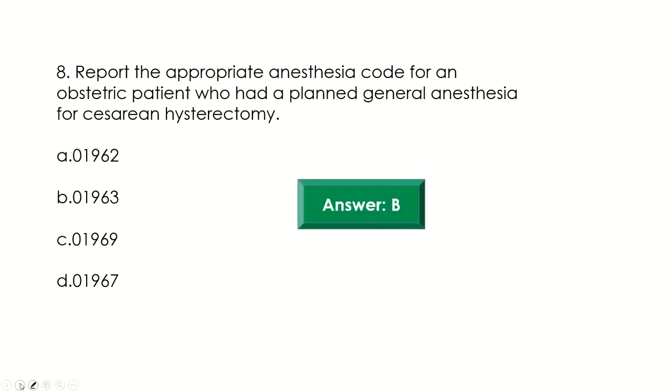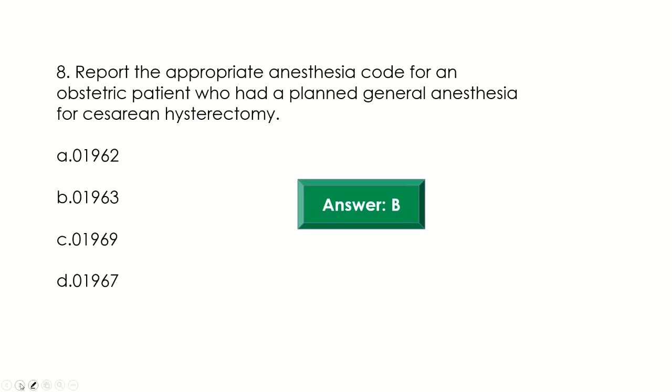All right. The answer here is B, 01963. When you looked at these, coders, were there any answers you could eliminate right off the bat? That's right. But there are two of them. Oh, no, I'm sorry, I looked at the wrong place.